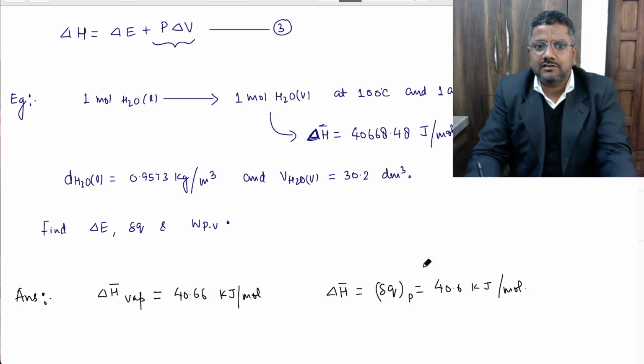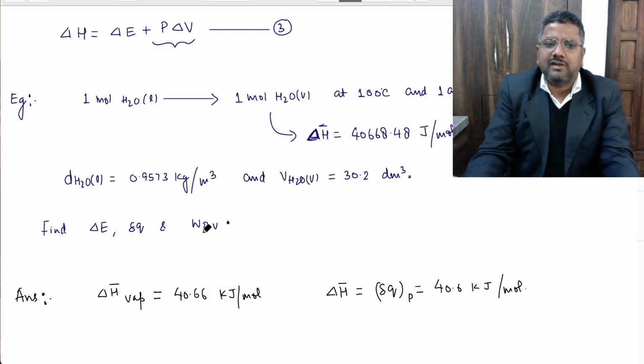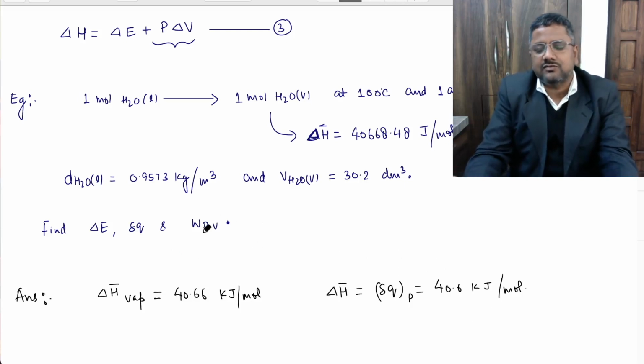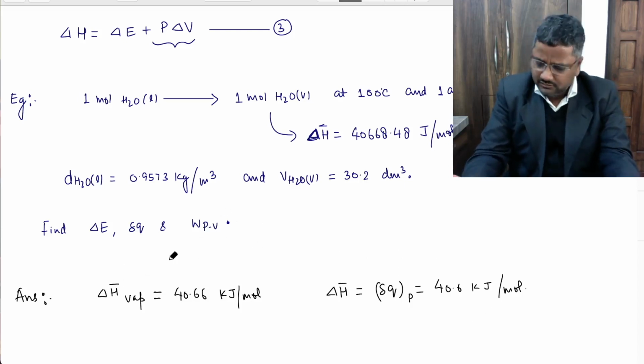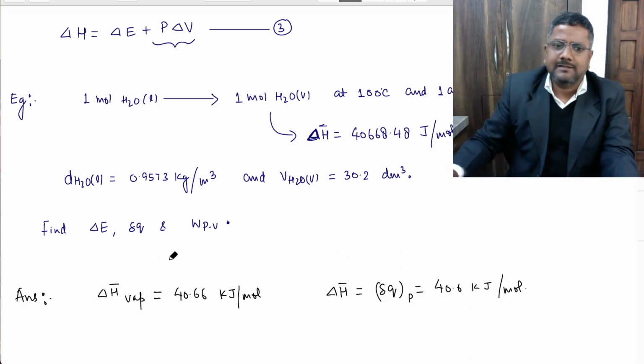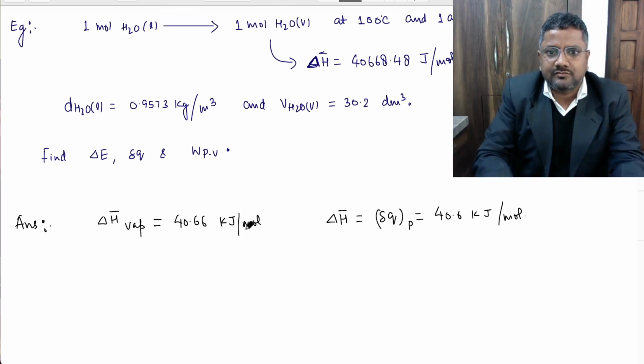Calculation is not required. Q you have calculated. Now if you are able to calculate W, then by using the first law of thermodynamics you can calculate delta E, since delta H is equal to delta E plus PV. So see how to calculate work.